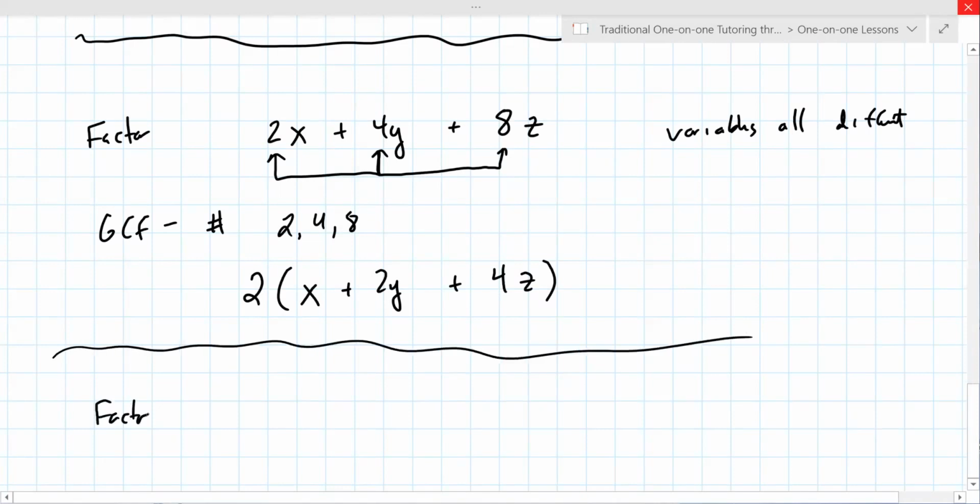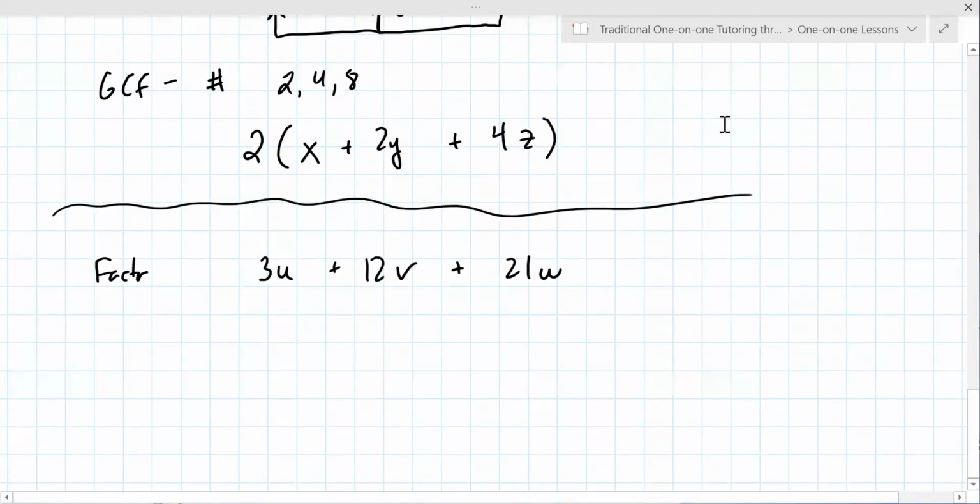Factor 3u plus 12v plus 21w. What number is common to all three of them? 3.